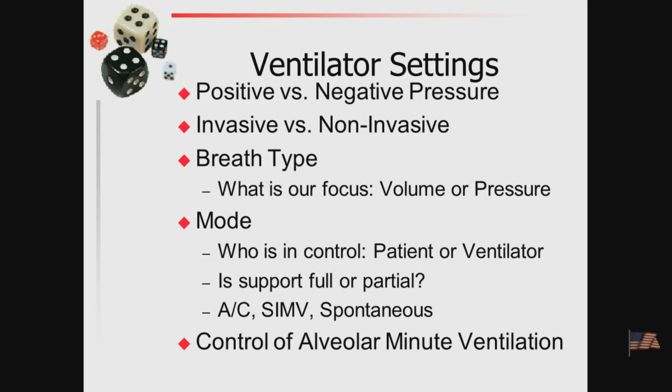Make sense? If I'm delivering a pressure-based breath, where the pressure the ventilator generates is constant from breath to breath, if compliance falls, tidal volume is going to fall, because now that same pressure can't deliver as much gas. Does that make sense?